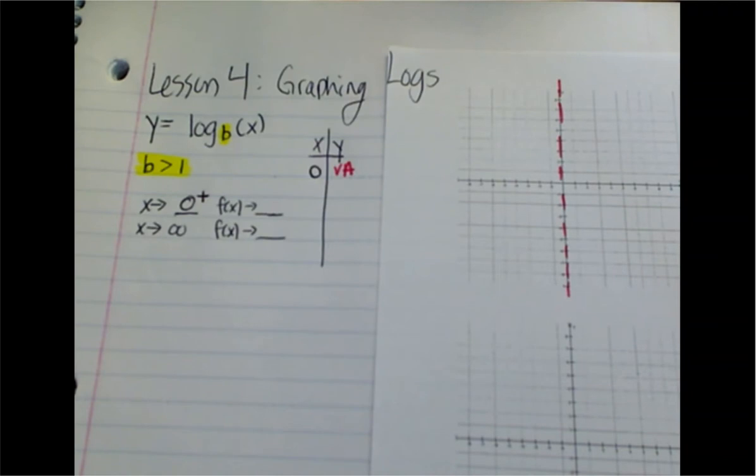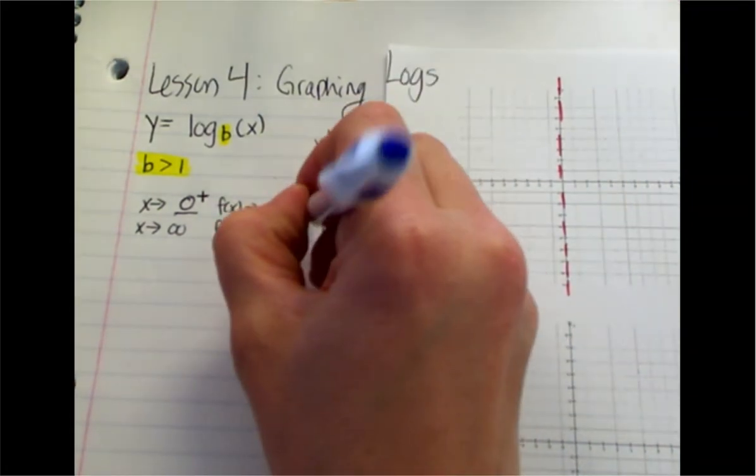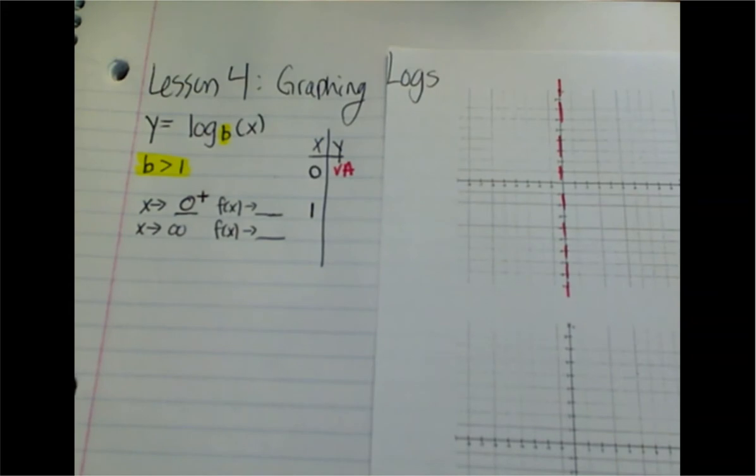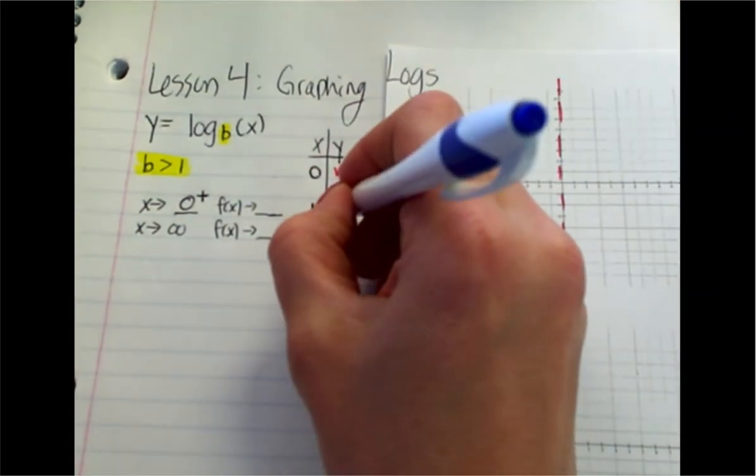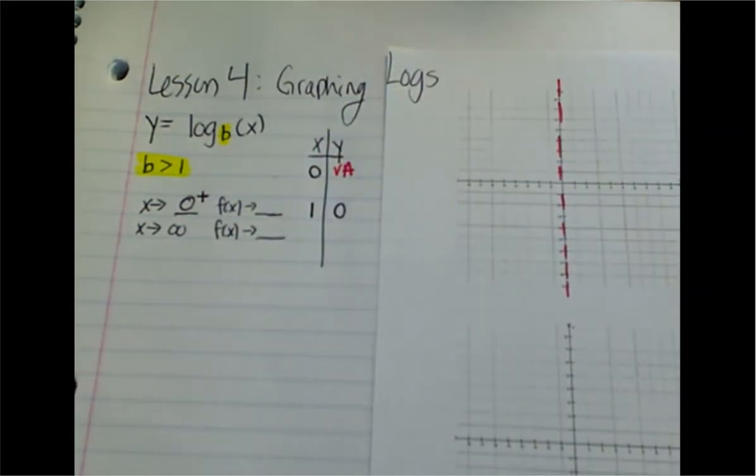Can you figure out what y is? 0. Okay, that one works. I left a line on purpose, so if I plug in 1, I get 0. You're trying to figure out what values you can actually plug in and get an answer. So that one worked. What's something else?